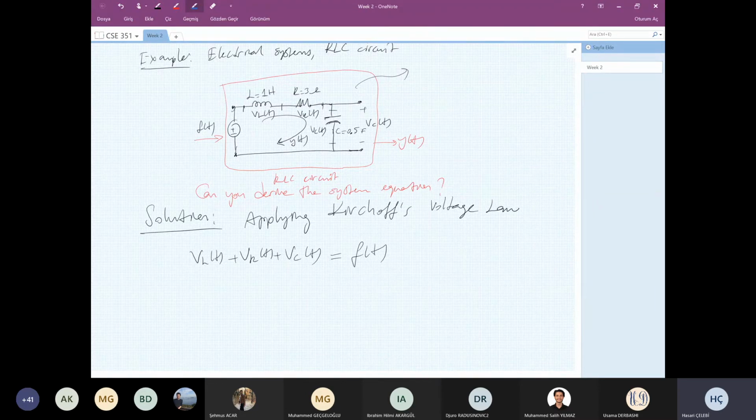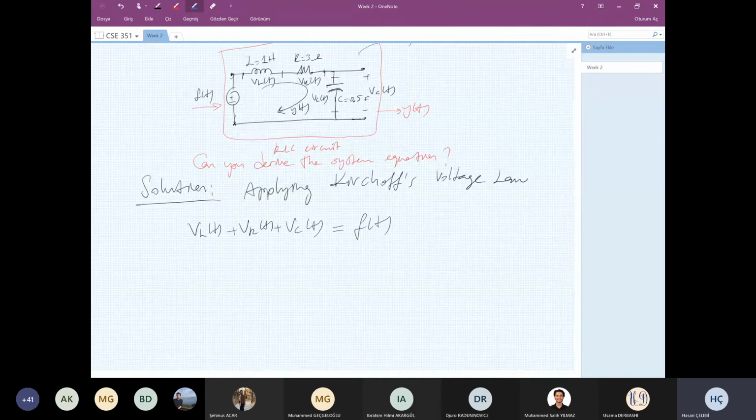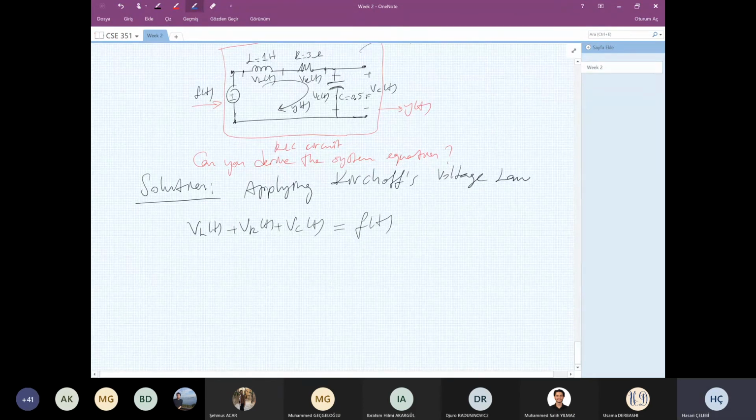How do we calculate the inductor voltage? Any idea? It was the inductance L times the derivative of the current: L times di of t over dt. Plus, what about the resistor? R times the current i of t.